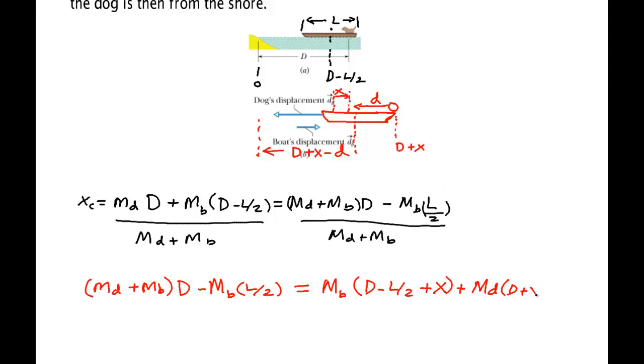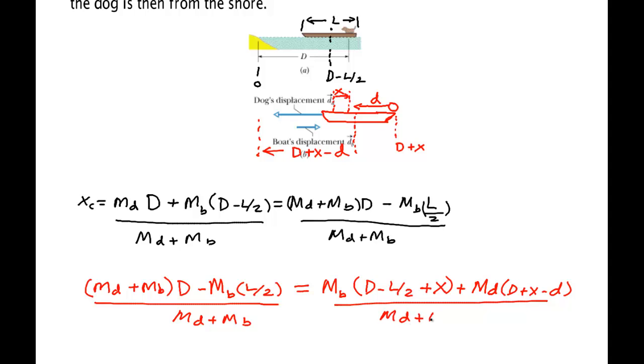Both of these could be divided by m dog plus m boat, but since before and after have the same denominator, it's going to cancel out. So that's x center of mass, before picture and after picture.